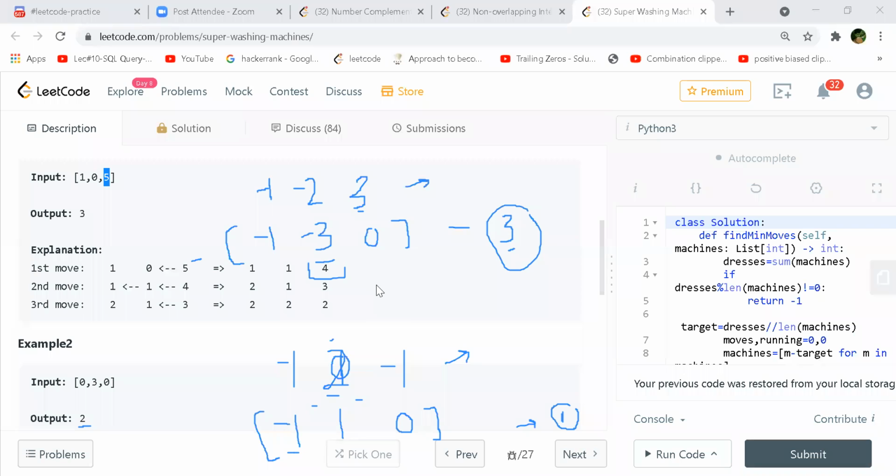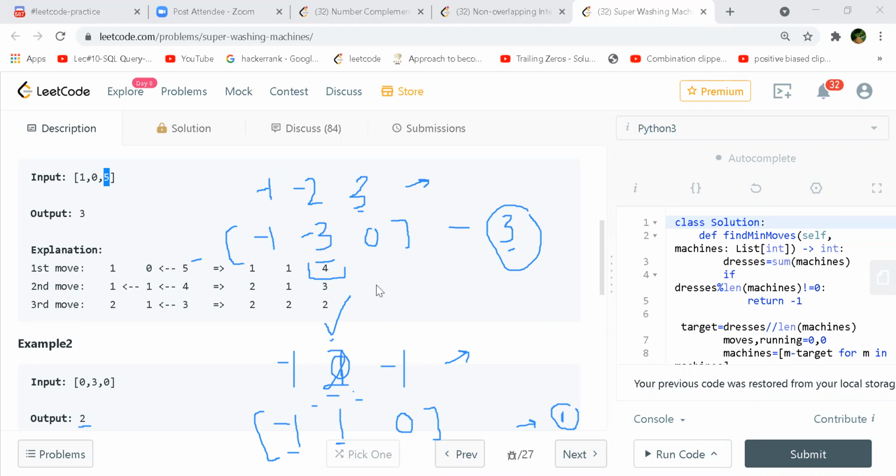So in this second location you have surplus value 2, but the running sum value here was 1, correct? So you also compare this with your current surplus value. If the surplus value is greater than this value, then you take your surplus value as your current max so far. Yeah, and then you return 2.